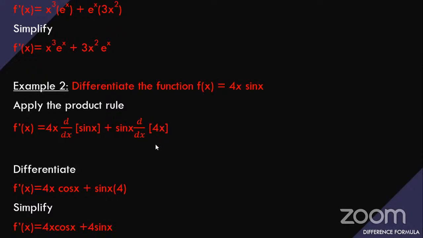So if we differentiate it, we'll derive 4x cos x, which is the derivative of sine x, plus sine x times 4. So if we simplify this, what we will have here is 4x cos x plus 4 sine x.